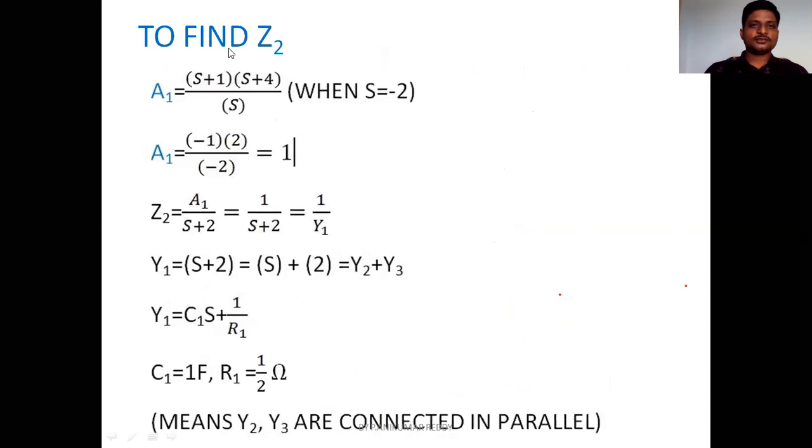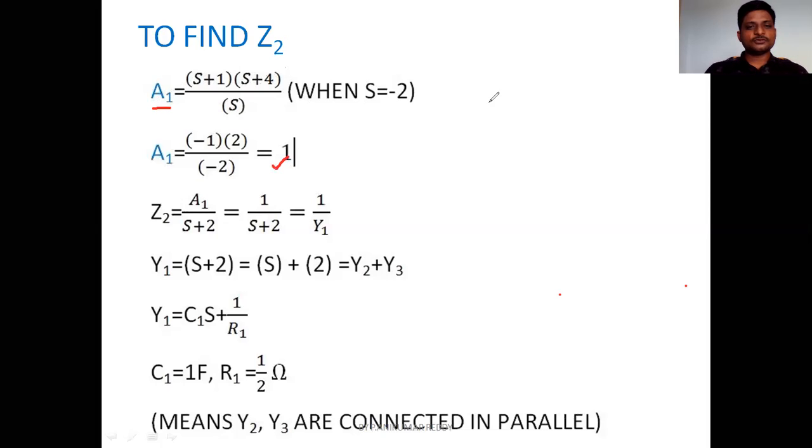After that, we need to find the value of Z2. As I told you, Z2 is a parallel combination of resistor and capacitor. To find Z2, first you need to find the value of a1. Take the given function and modify it such that s plus 1 into s plus 4 by s when s equals minus 2, and you will get a1 equal to 1.